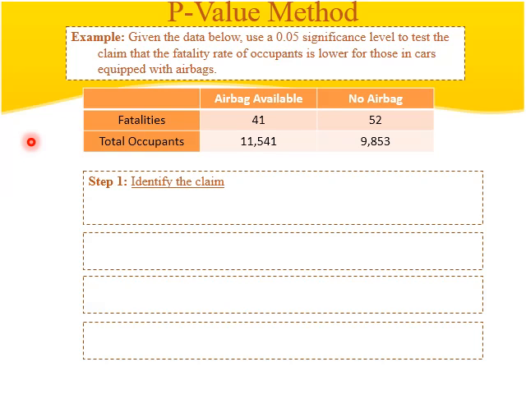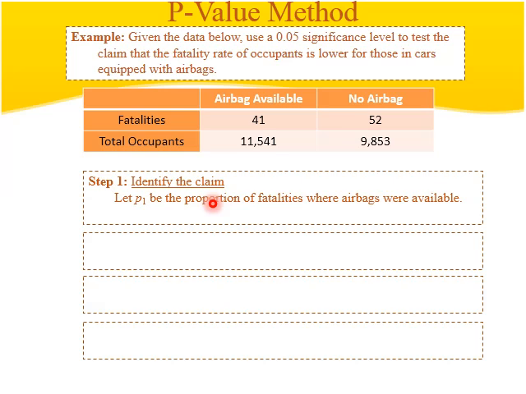So, step 1, just as before, we're going to identify the claim. But the claim, in this case, is that the fatality rate is lower for those in cars equipped with airbags. So let's first identify a p1 and a p2 and figure out which one applies to which proportion. So we're going to let p1 be the proportion of fatalities where airbags are available, just so we can keep the p1 and p2 separate.